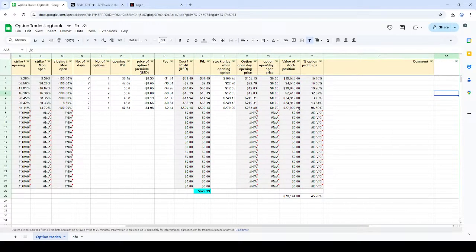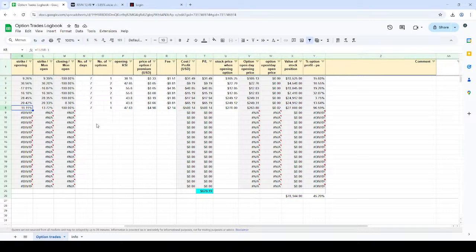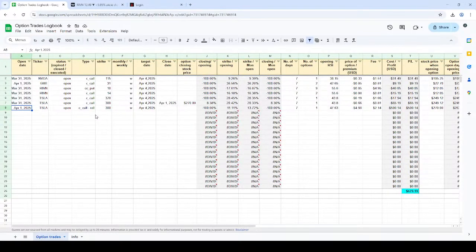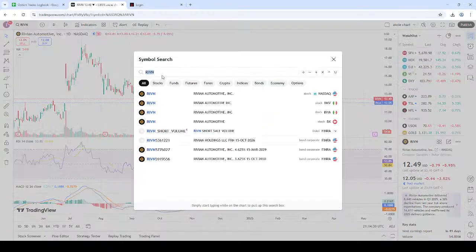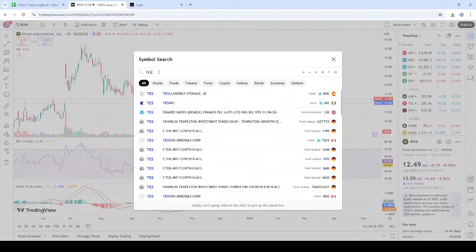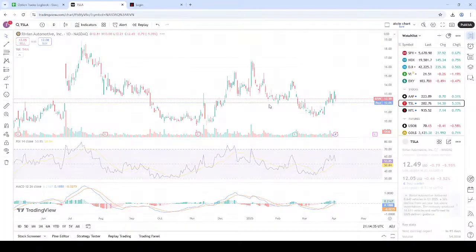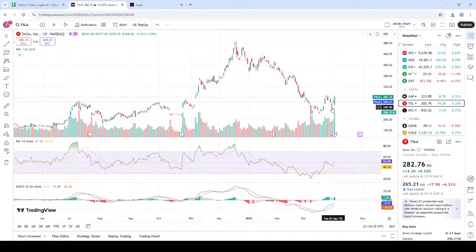Then let's check what else we have here. 96%. Actually, what I did with Tesla was quite nice. I have 200 shares of Tesla. So this is Friday.